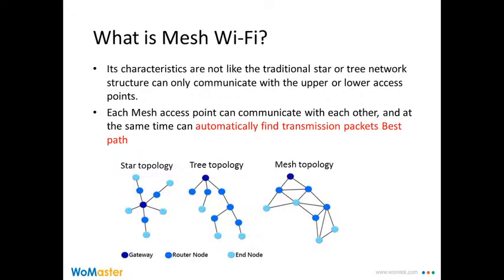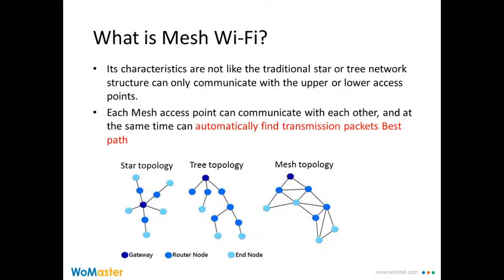First of all, we are going to explain what the mesh network is. The typical topology like the tree or star, they have different tiers. Each node can communicate with the upper or lower tiers only. However, the mesh network doesn't have significant tiers.